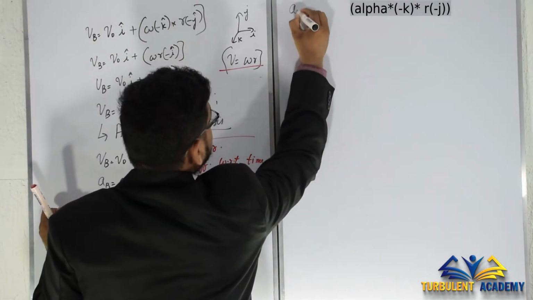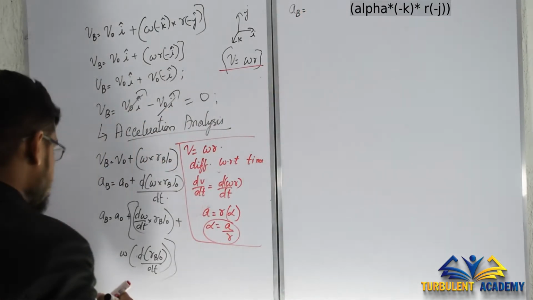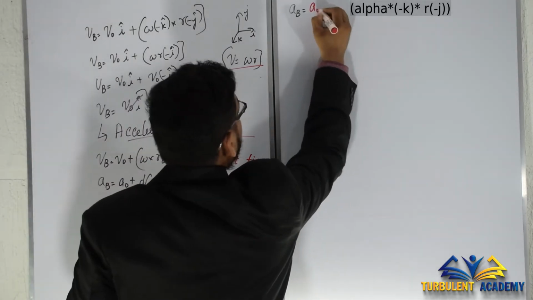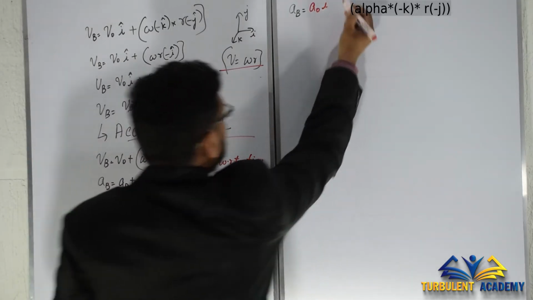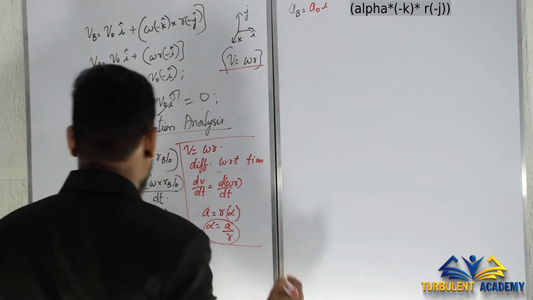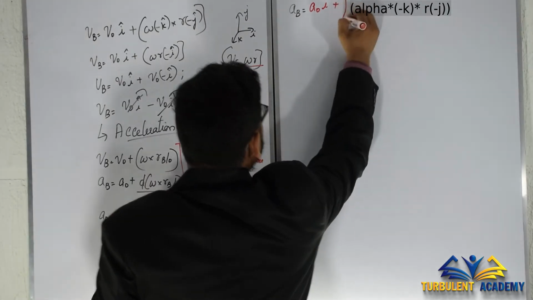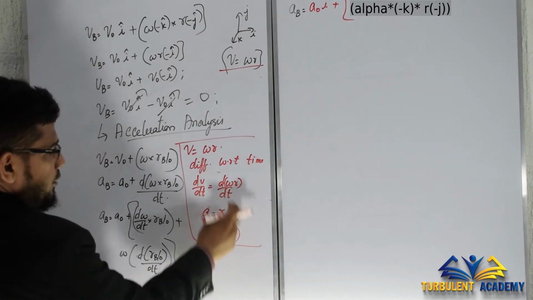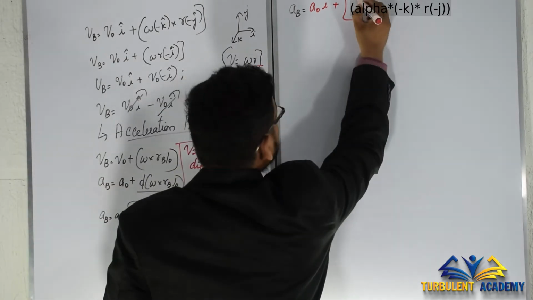So acceleration of B is going to be A naught in the I cap direction plus d omega by dt, which we have already found is alpha.